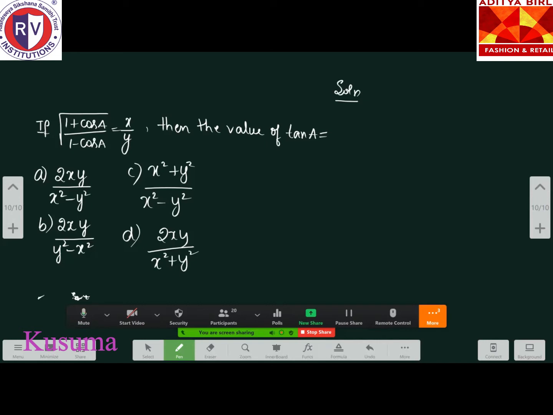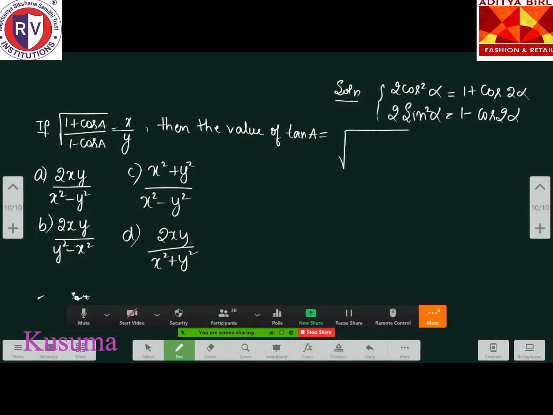We have 2 cos square alpha, or whatever it may be, either 2 cos square theta or 2 cos square alpha, it is 1 plus cos 2 alpha. Similarly, 2 sin square alpha will be equal to 1 minus cos 2 alpha. Let us make use of these two here.